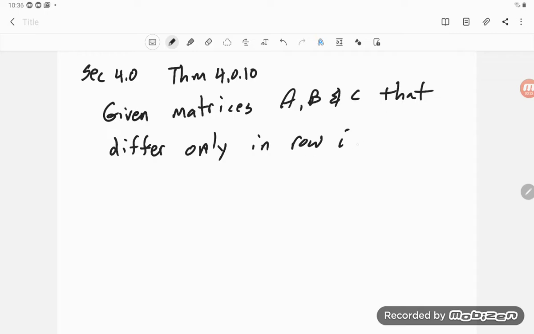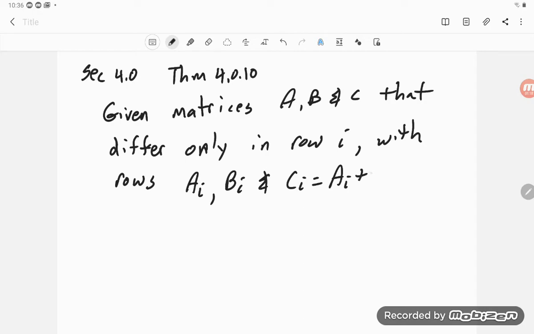And we'll say that with rows, and this is the important part, rows AI, BI, and CI equal the sum of the A and B rows.